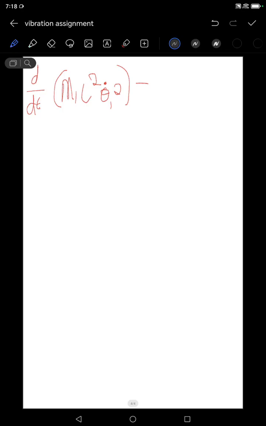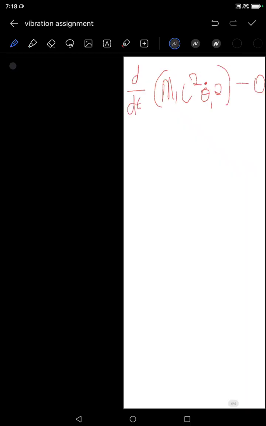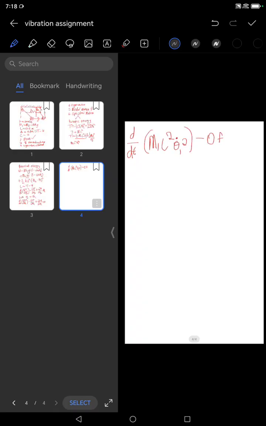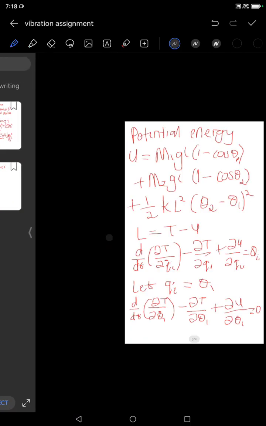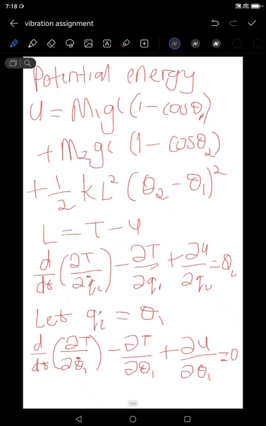So when we don't have a theta, it's going to be 0 here. Plus, on our U we have m1 gl into 1 minus cos of theta 1. So when we derivate this, it's going to be m1 gl sine of theta.